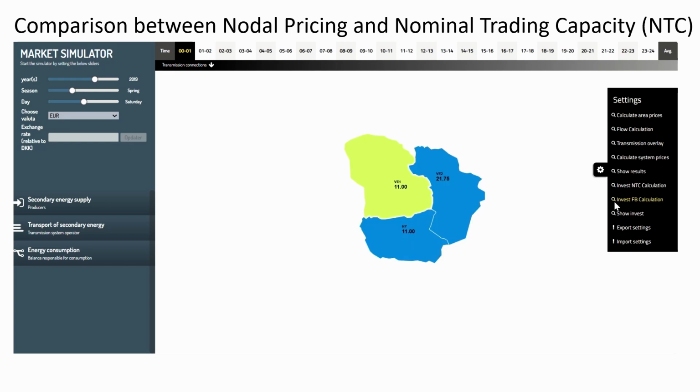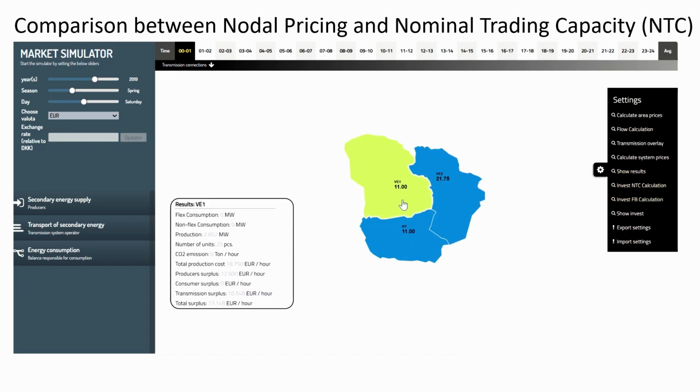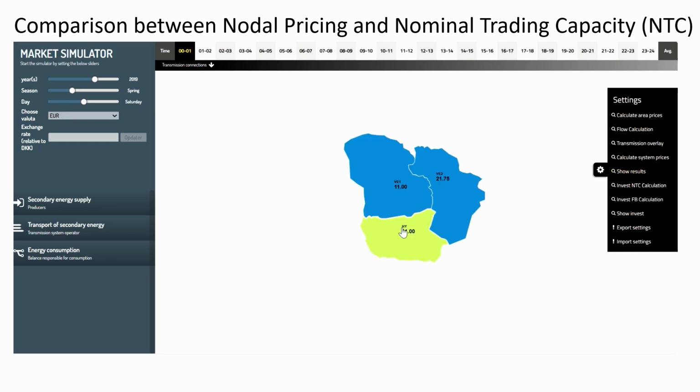When I click here and say show results here for V1, you can see now the production here is 2,852 megawatt, and before it was 2,400 megawatts. So we have an increased production here, and this increased production is transferred to HI, where we have a smaller production.